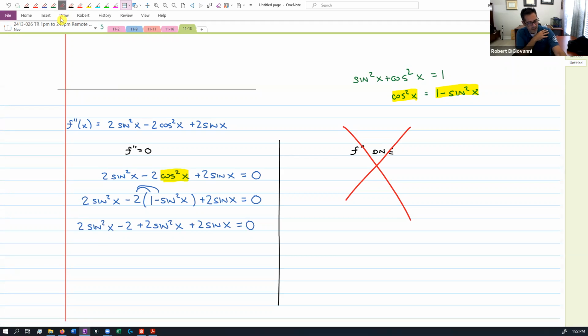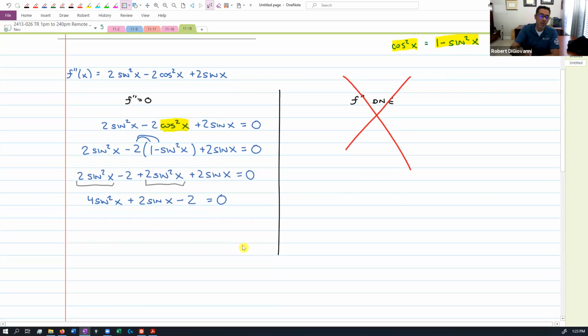These two are like terms, so I can put them together into a 4 sine squared x. And then I'm going to put this in descending order: the thing that had the sine squared first, then the thing that had the sine, and then the number that was by itself.